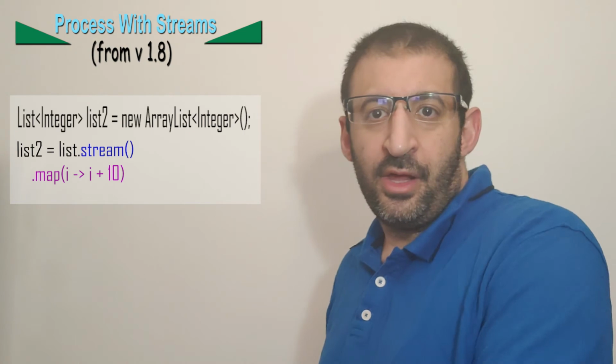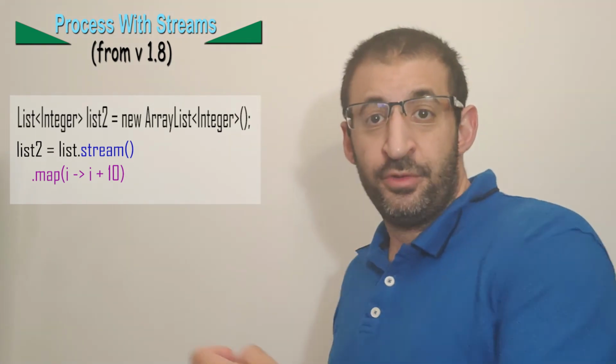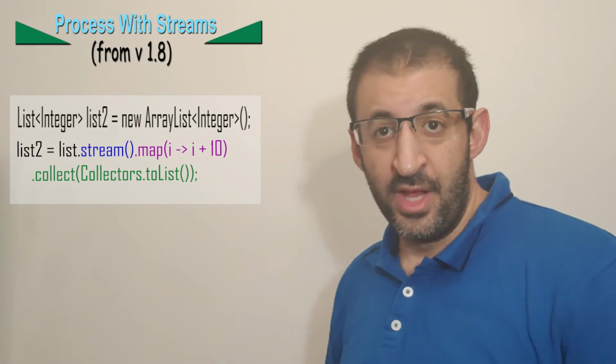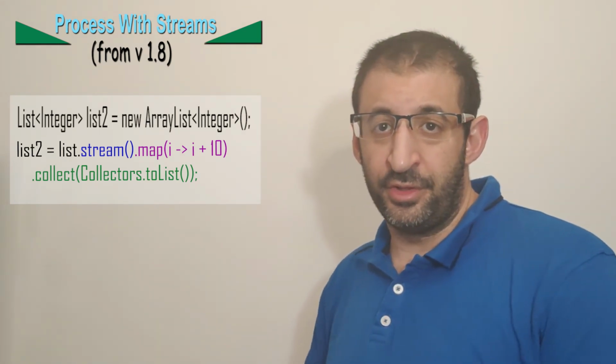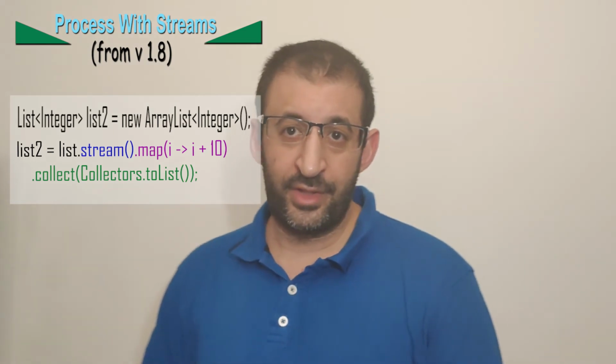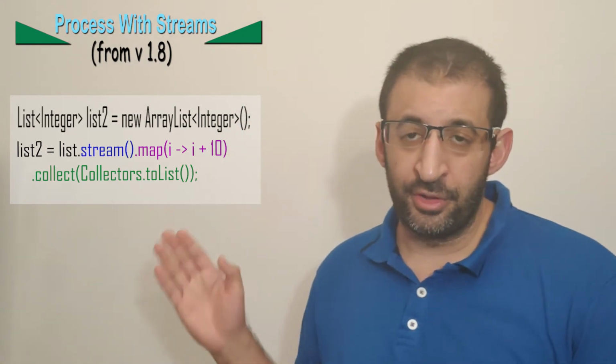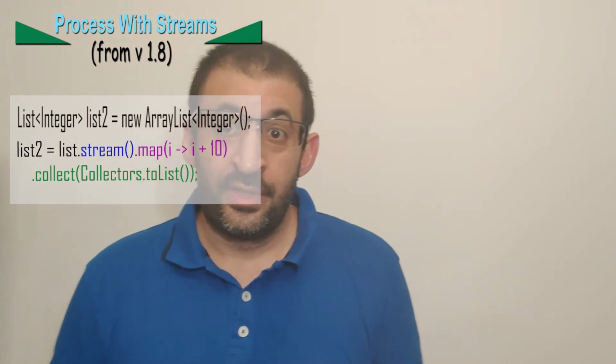After this, the same thing. I collect all these values, where I want to put these values, how to retrieve them. I will use collect, the same as the previous one. Dot collect, in parentheses, Collectors dot toList. And I make, of course, System.out.println for list 2. So here, I have used the map method to get all the values in a new list.